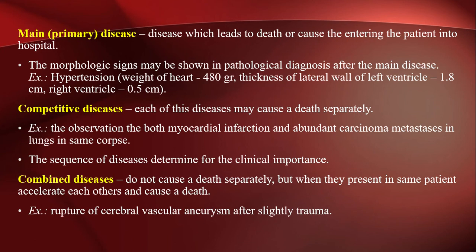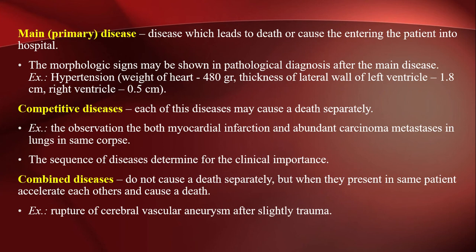First, we write hypertension because it is autopsy material, an autopsy diagnosis. In brackets we can write the weight of the heart, the thickness of the lateral wall of the left ventricle, and the thickness of the right ventricle.